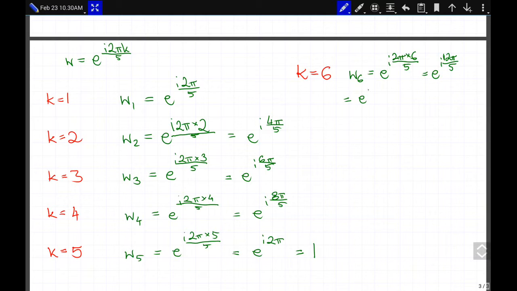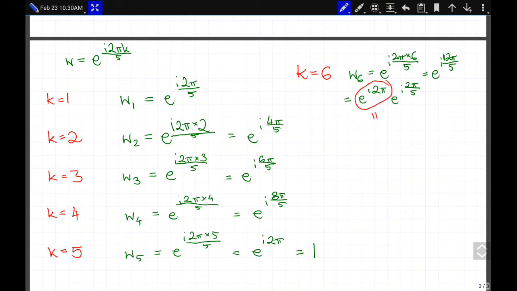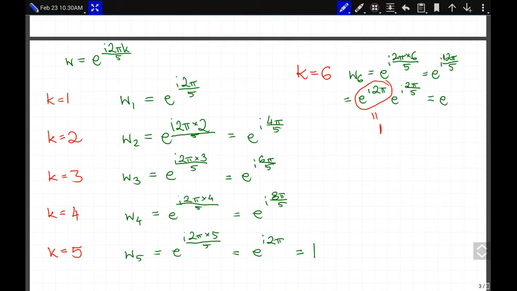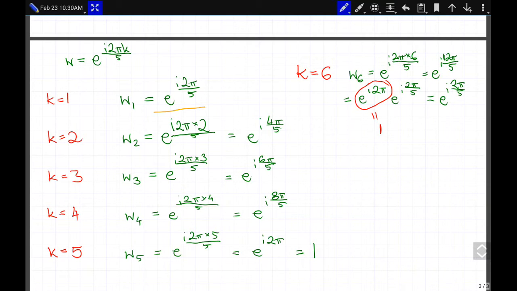Now we can reduce that: 10 pi over 5 is 2 pi, and the remaining is 2 pi over 5. So e to the i 2 pi is equal to 1, and therefore we're left with e to the i 2 pi over 5. And you can see that this is actually our first root. So w6 is equal to w1.